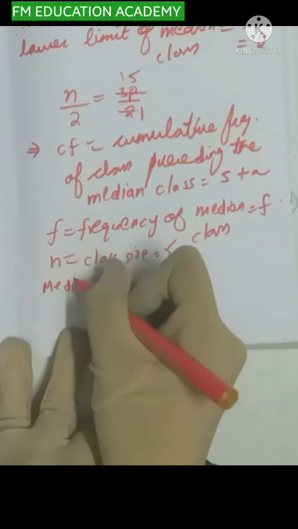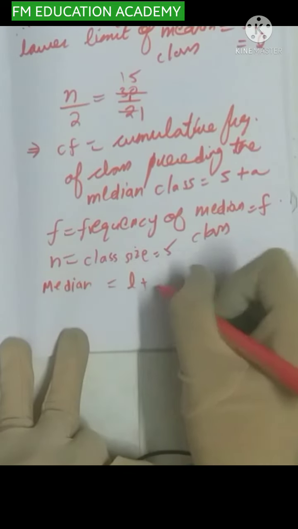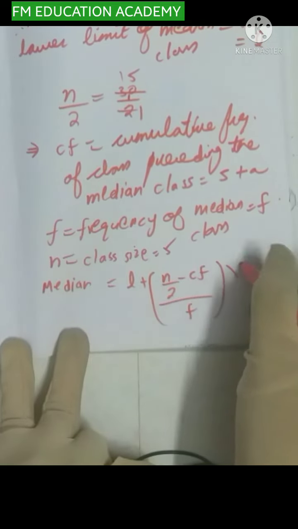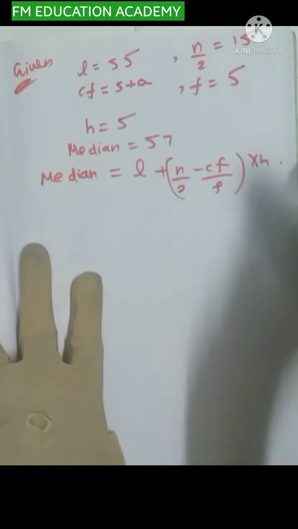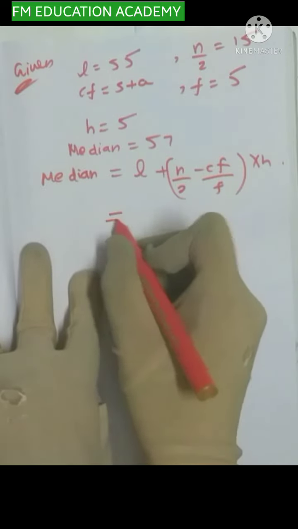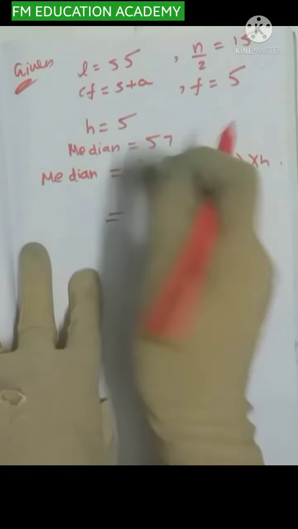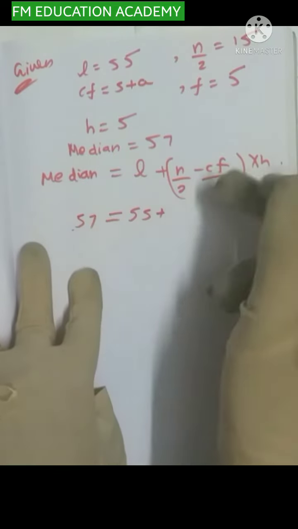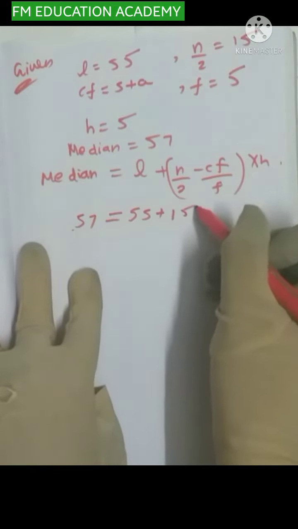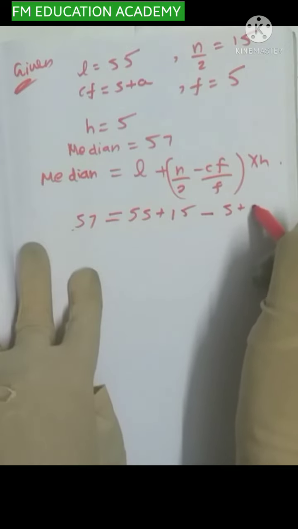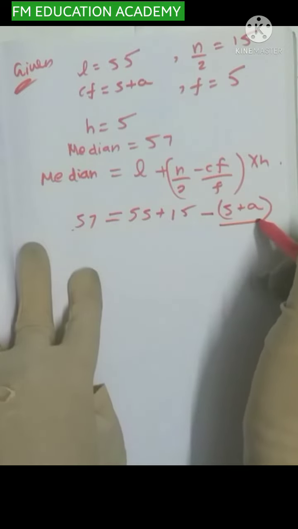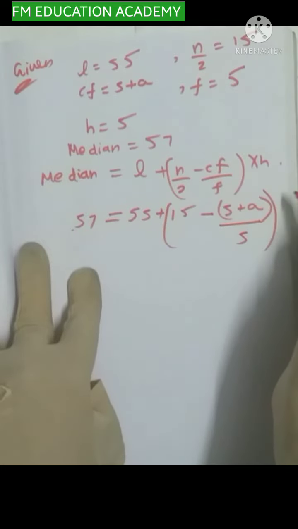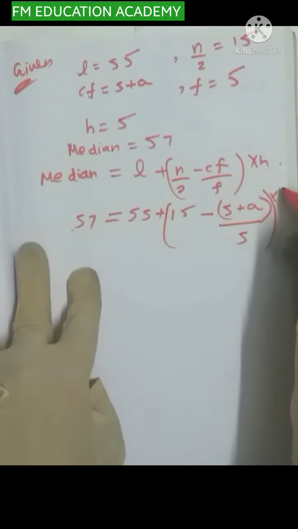Median is equal to L plus n by 2 minus CF by F into H. Substitute in this formula. What is L given to us? 55. So 55 plus, the median is also given in the question, 57. N by 2 is 15 minus CF, which we got as 5 plus A, by F, which we got as 5, into H. H here is given as 5.